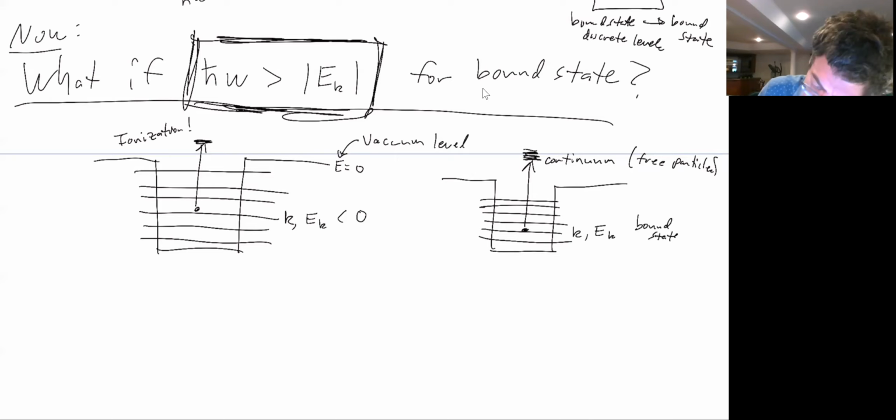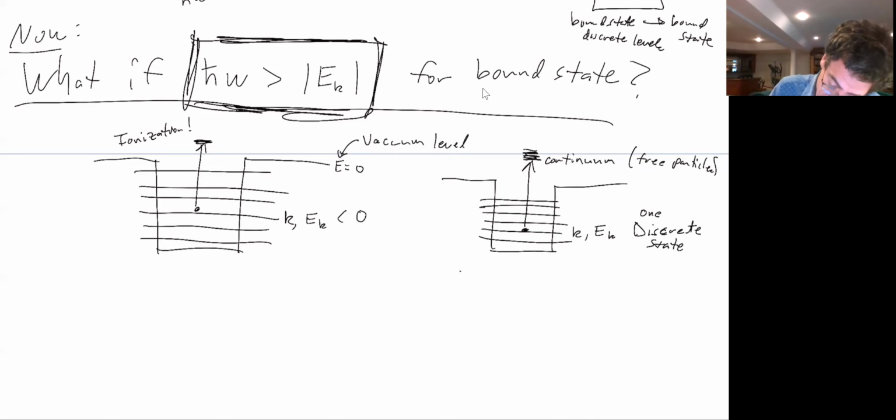Or I should say we're starting with a discrete state. Let me write it like that. Let me just use that terminology. We're starting at one discrete state, but we're having a transition to a continuum.